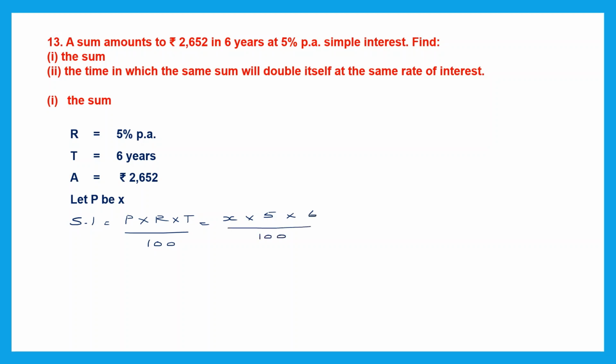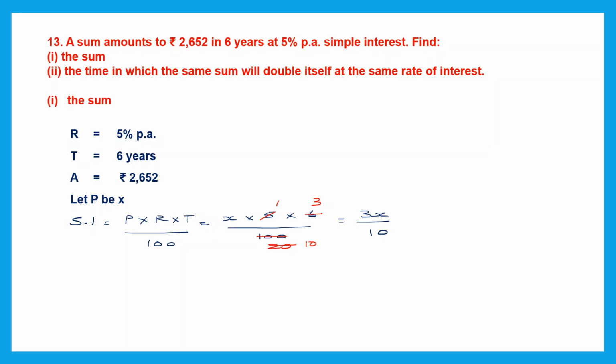So here what do we get? Let's cancel what we can. 5 ones are 5, 5 into 20 is 100. I can cancel 6 and 20: 2 3s are 6 and 2 10s are 20. So what do we have here? In the numerator we have 3 into x, which is 3x, and in the denominator we have 10. So simple interest is 3x by 10.